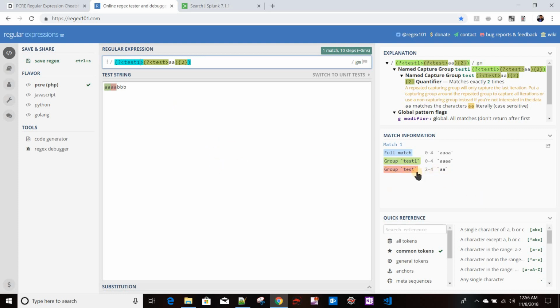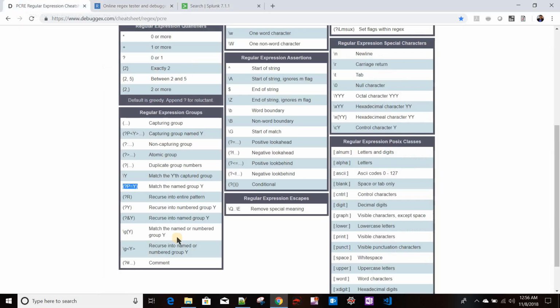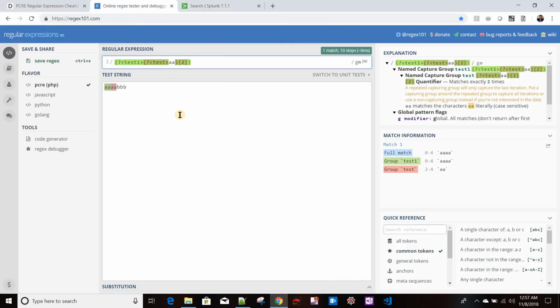Now there is another concept called non-capturing group over here. Non-capturing group means these groups will not be saved. That means the results will not be saved, and you cannot back reference that group at a later part of the regular expression.